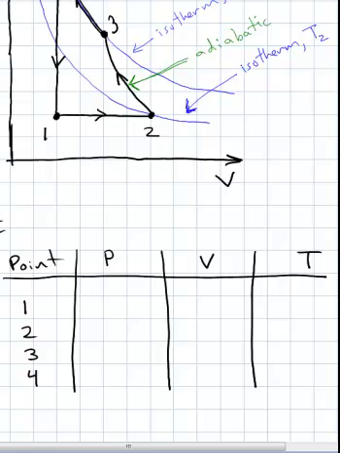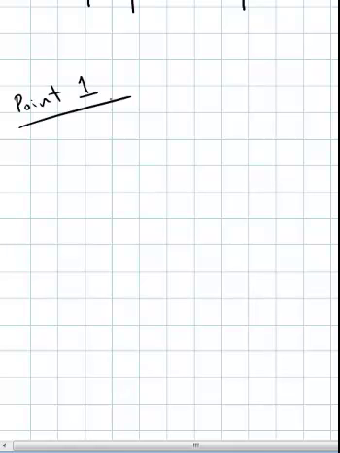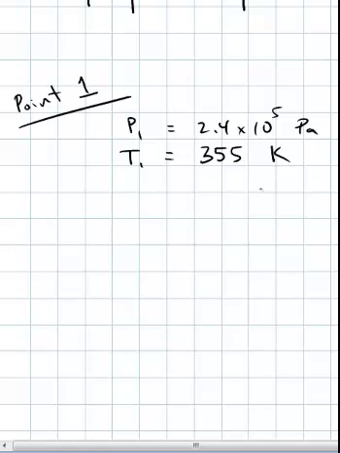So let's take a look at point 1. The pressure is given, 2.4 times 10 to the 5th pascals. The temperature is also given, 355 Kelvin.